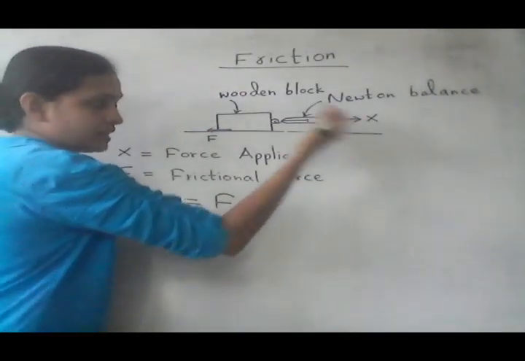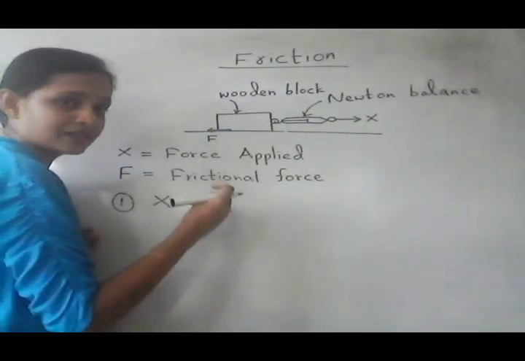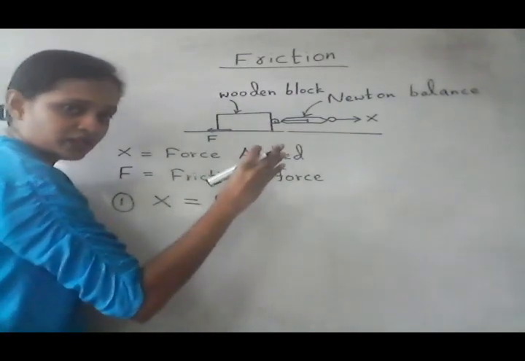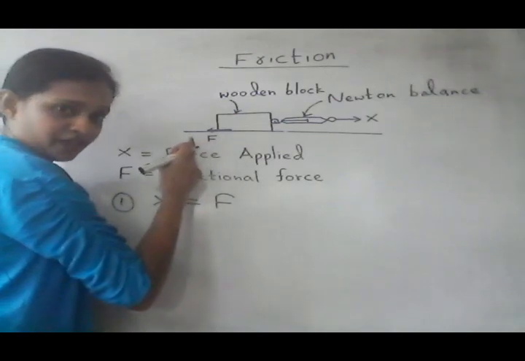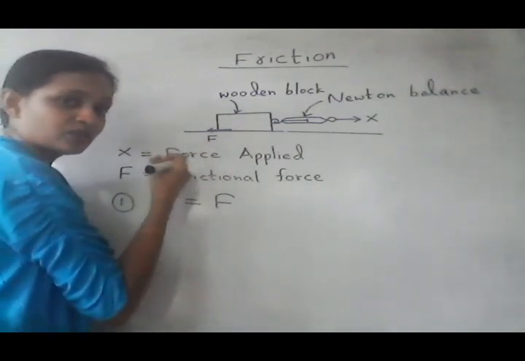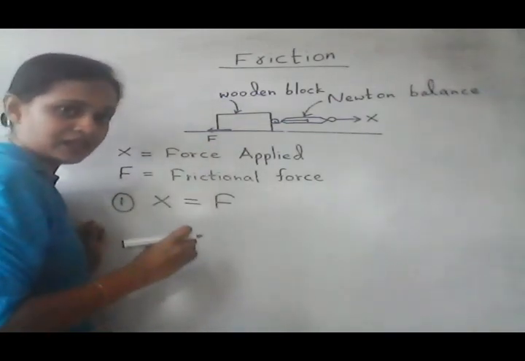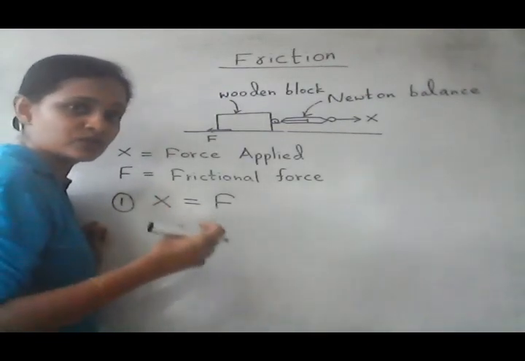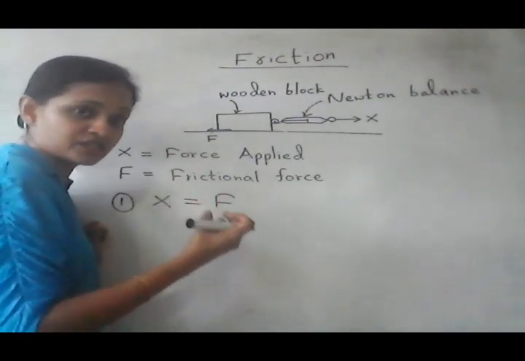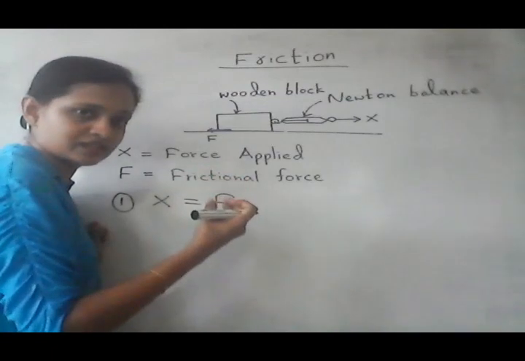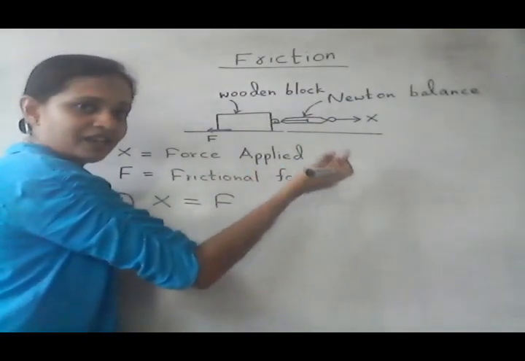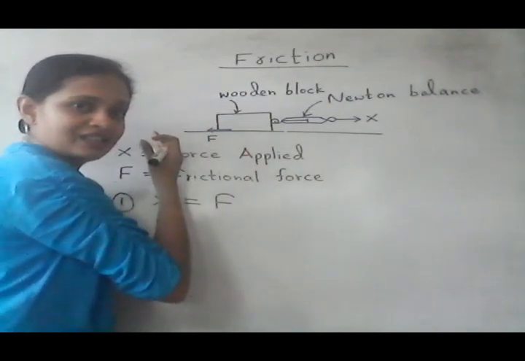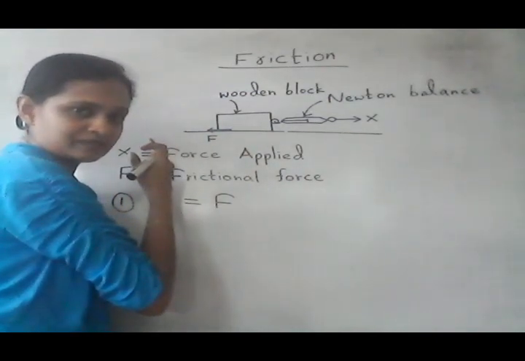Then I further increase the force applied. I increase X gradually. Then accordingly, the force F or the frictional force will also be increased. That means according to the force we apply, the frictional force will get adjusted. So when I further increase X, F will further be increased.